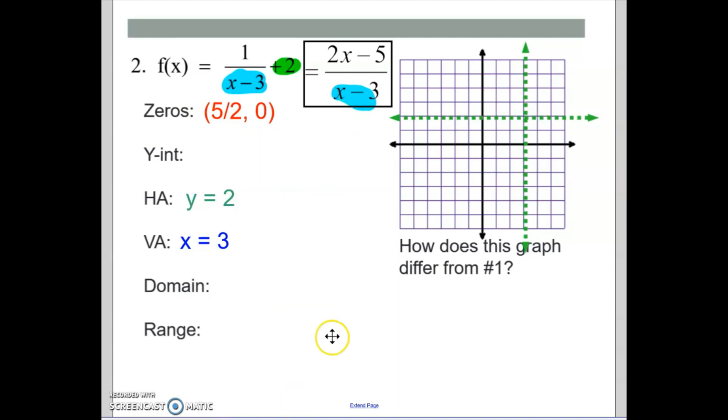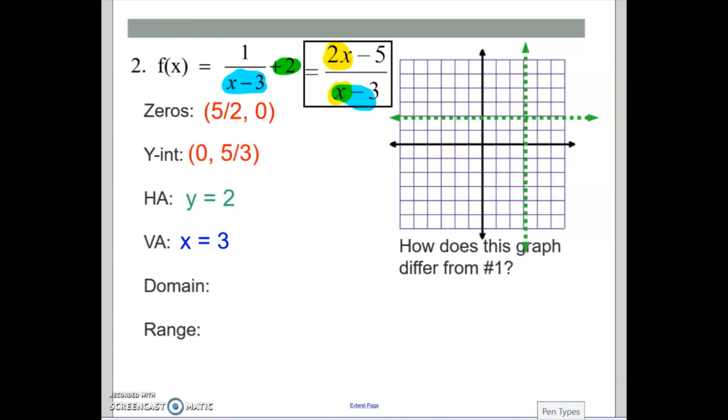I can always plug in a 0 for x to get a y-intercept. So if I plugged in a 0 right here, that would become 0, that would become 0, and I'd be left with negative 5 over negative 3, which is 5/3. That's our y-intercept.